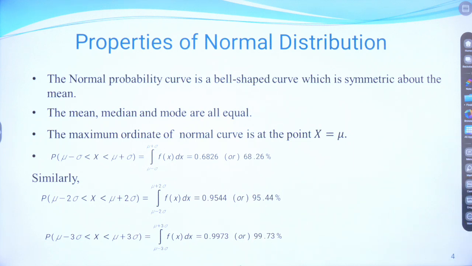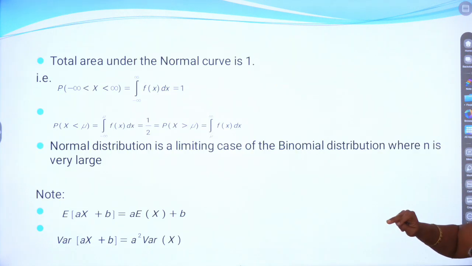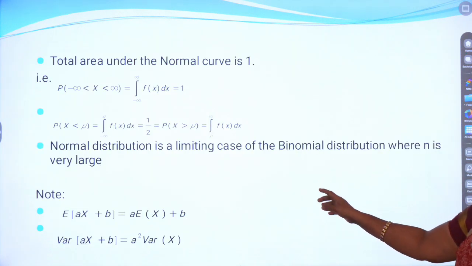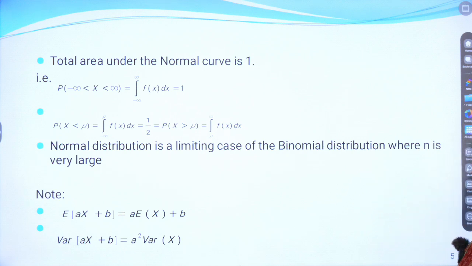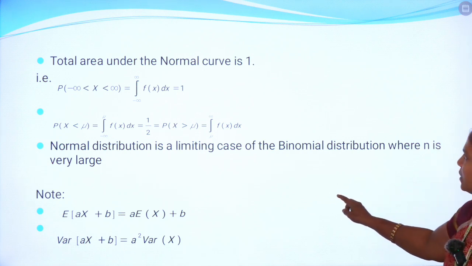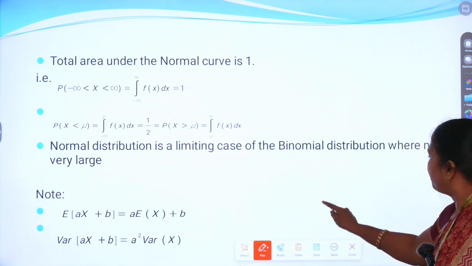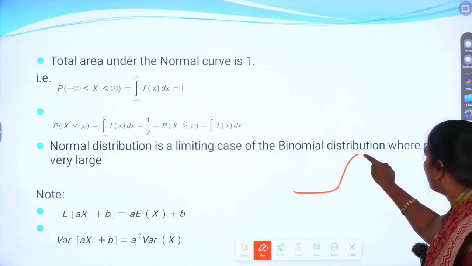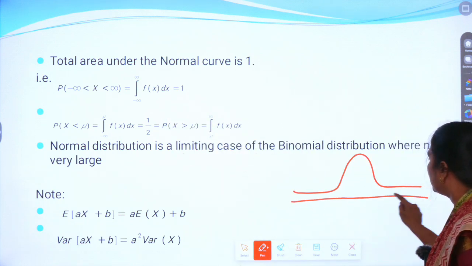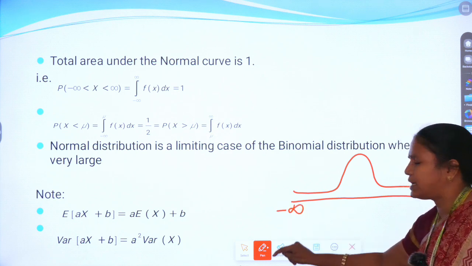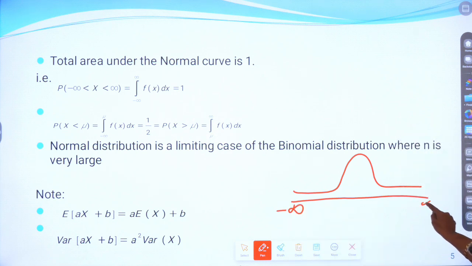Next property is the total area under the normal curve. Total area of the probability is equal to 1. Here on the left hand side we take minus infinity to plus infinity.